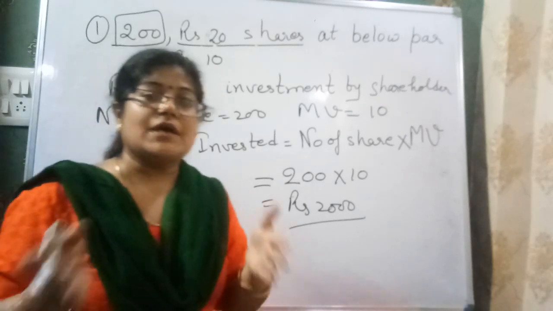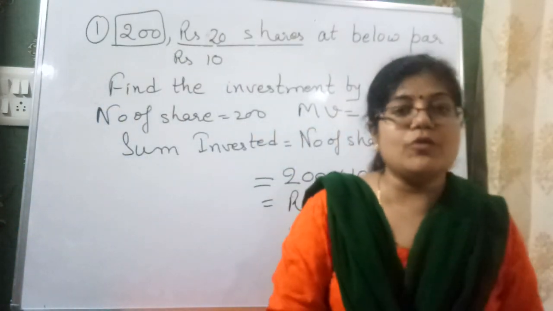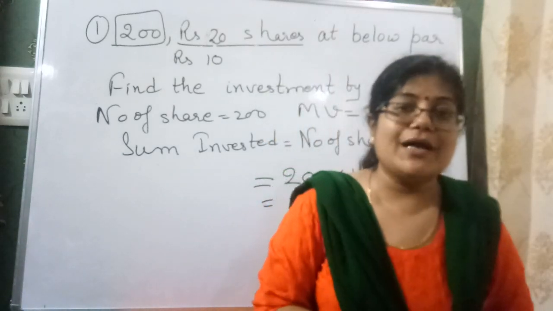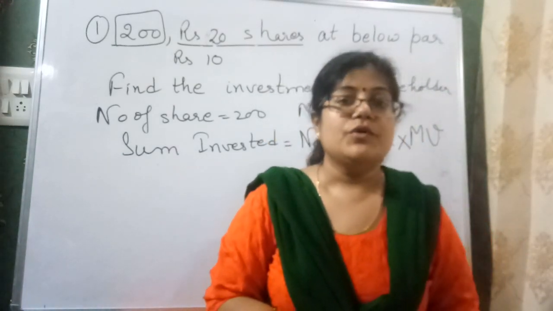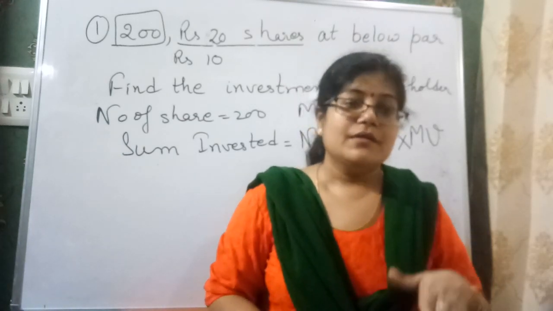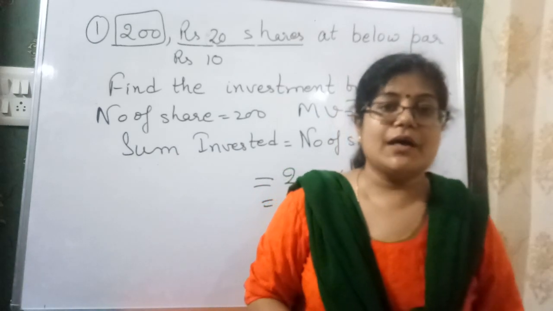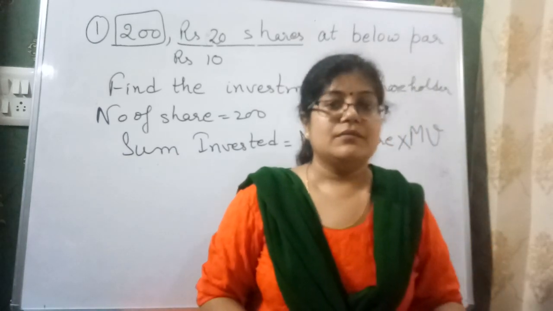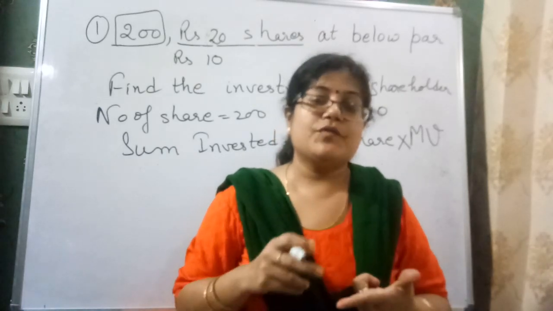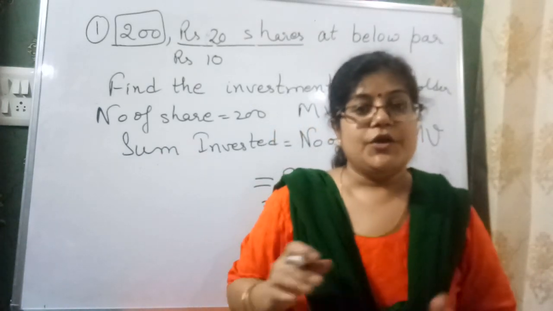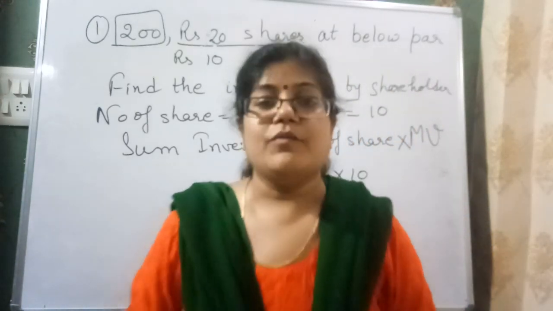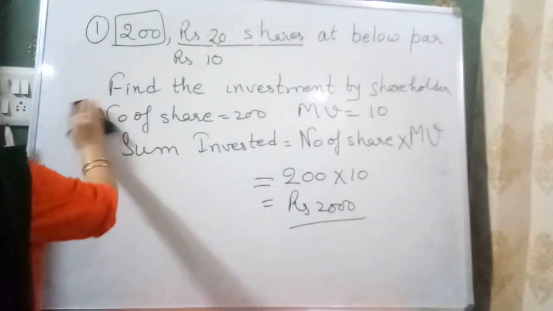Now see the difference. When the shares are available in the market at below par, you subtract that value from the nominal value to get the market price of the share. And when the shares are available at above par, or premium is written there, you add both the values, the nominal value and the premium. Then you get the market value of the share. Clear?